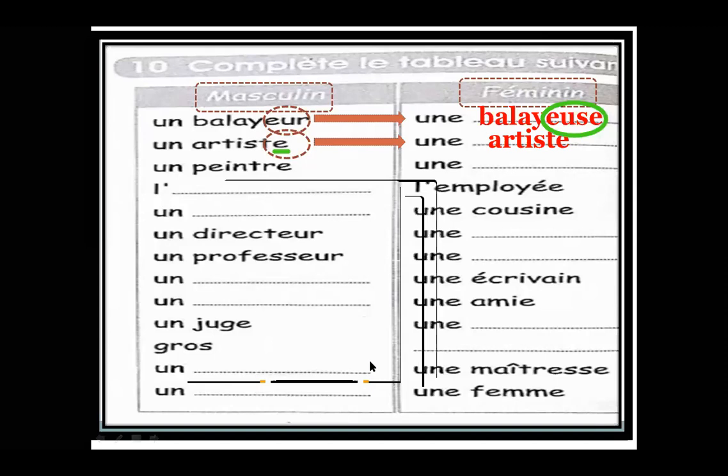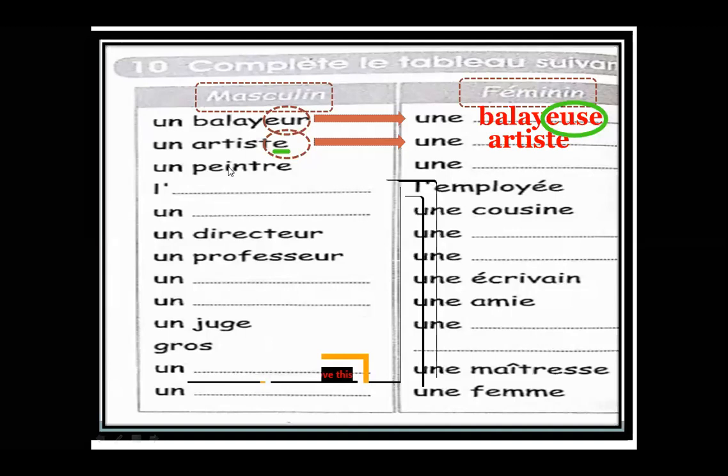Muhammad? Yamin Khalid. We will remove E. Why?